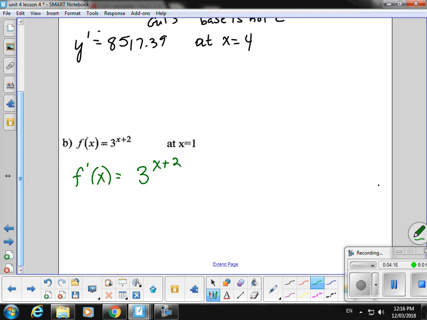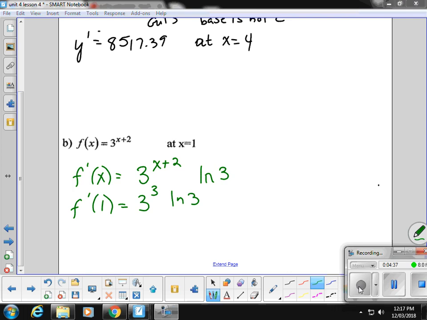Well, the guts are 1, so I'm okay. And I have to adjust for the base. And I want to know at x equals 1, f prime of 1 equals 3 to the 3 ln 3, approximately 29.66.